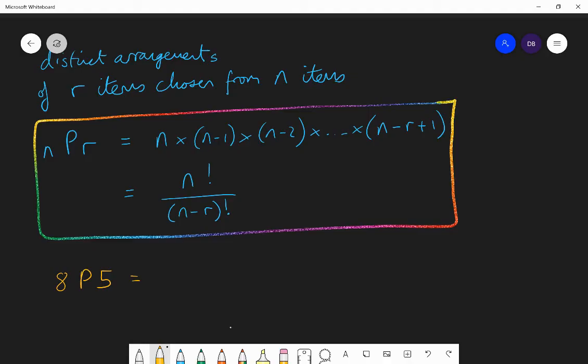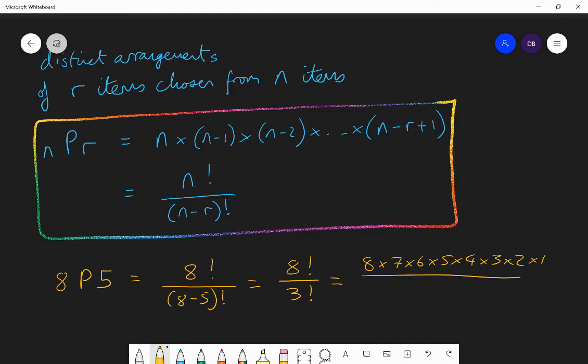And using the formula, if you didn't have a calculator, it would be 8 factorial divided by 8 minus 5 factorial. And 8 factorial divided by 8 minus 5 factorial is 8 factorial divided by 3 factorial, which gives you 8 times 7 times 6 times 5 times 4 times 3 times 2 times 1 divided by 3 times 2 times 1.